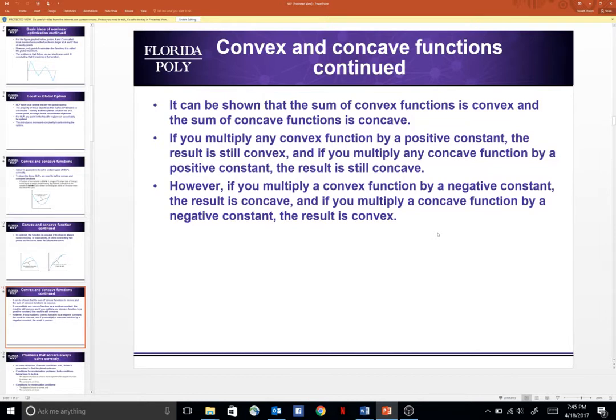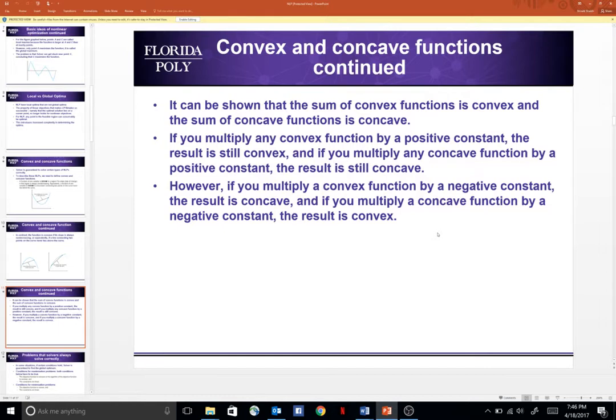So in other words, if we were to apply the additive property here for these different types of functions, the basic nature of that function would not change if we add them together. And another assumption that would hold is that if you were to take any convex function and multiply it by any positive constant, the function would still remain convex.